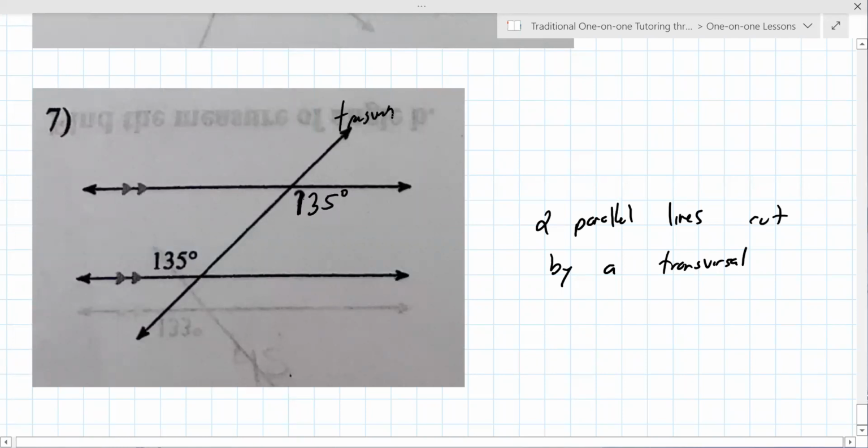Okay, and then there are regions. There's the exterior region, the interior region, and then yet another exterior region.